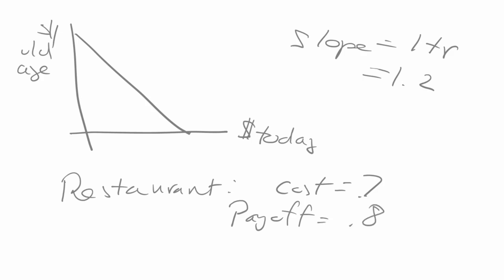Should she open the restaurant? Well, we don't have to think too hard to say that the answer is no, because she could also decide to consume 0.3 now and save the 0.7 in the bank, in which case it becomes 0.84 if deposited in the bank. So on this graph, the restaurant is here. Not a wise investment.